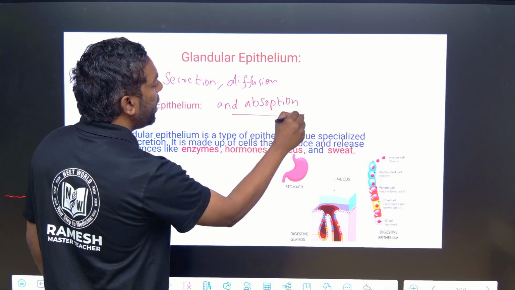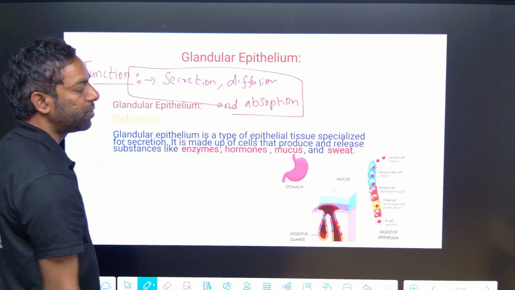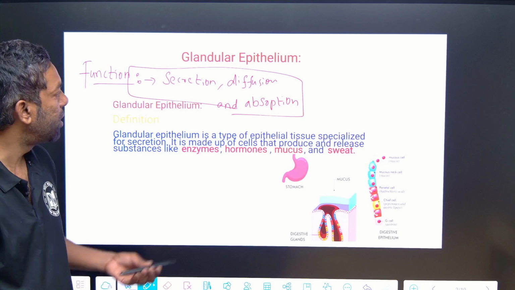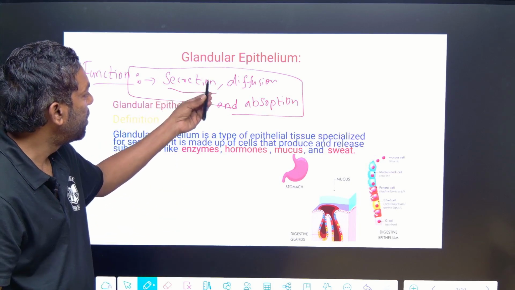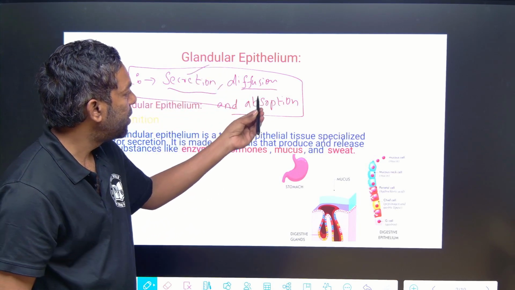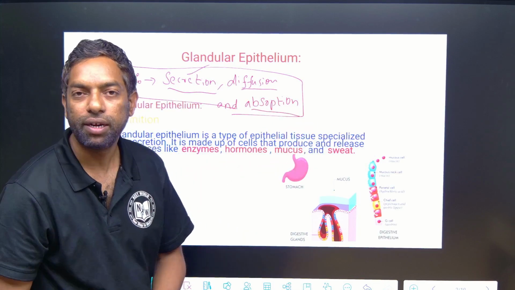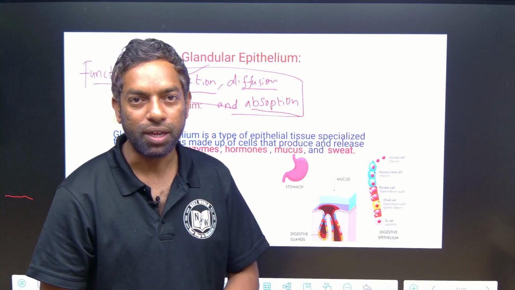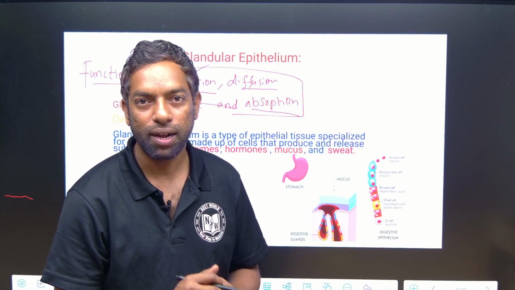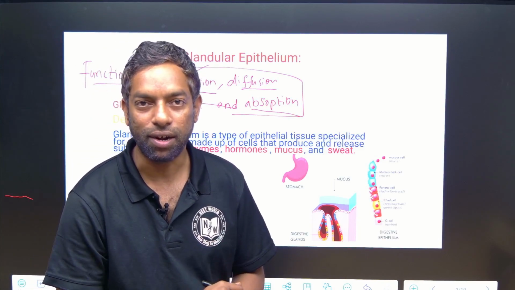These are the main functions of the epithelial tissue. Based on that, there are squamous, cuboidal, columnar, ciliated and glandular epithelial tissues.